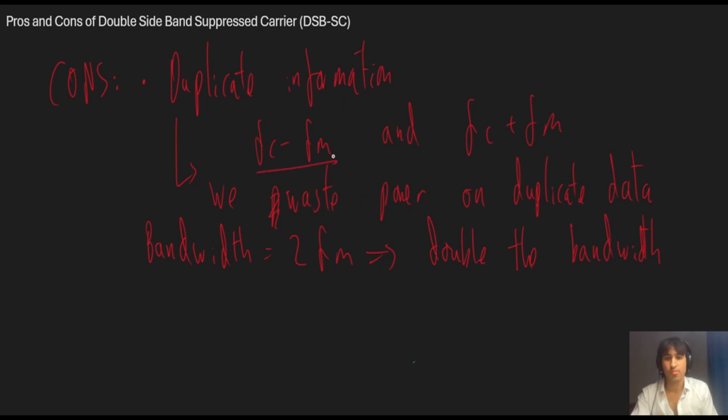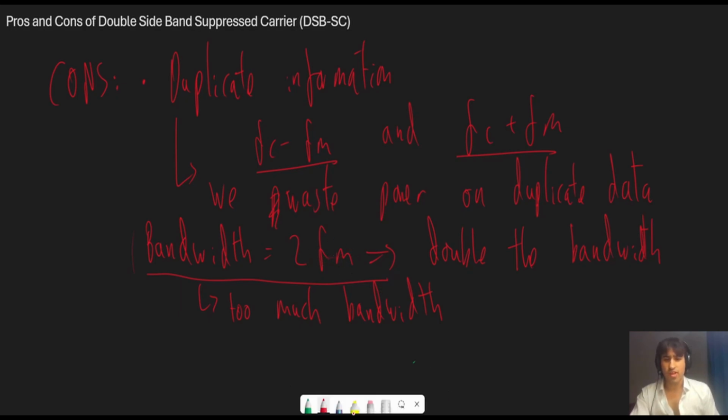So because you have FC minus FM and FC plus FM, the bandwidth is doubled. And if you're in an area where you have limited bandwidth, so you can only use certain frequency bands, where this type of double sideband suppressed carrier, it just uses too much bandwidth. So that is too much bandwidth. And if you can't afford to use too much bandwidth, then double sideband suppressed carrier is going to cause you problems because it requires double the bandwidth.